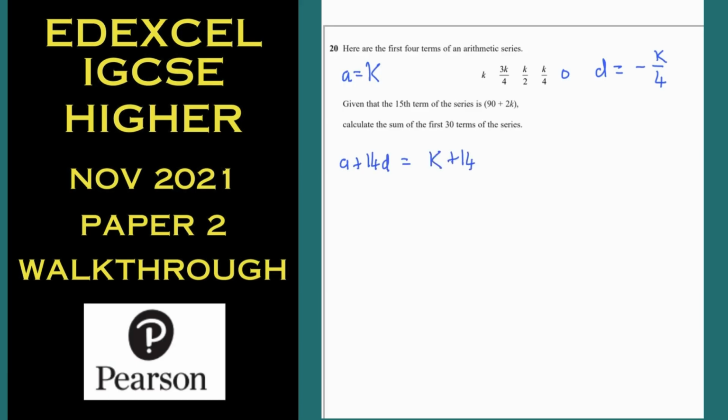Replace d with -k/4 or -1/4 k. Expand and simplify. You end up with k minus 7k/2. But we can say that it's equal to the 90 plus 2k we were given.